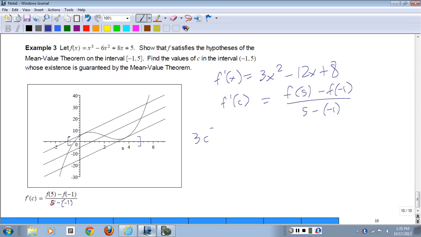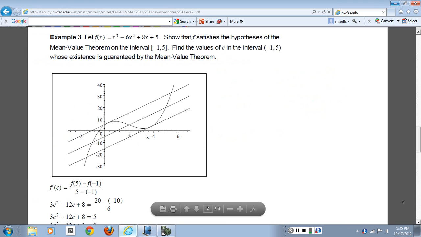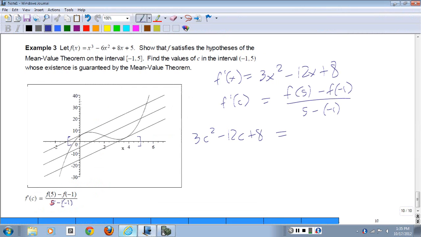So 3c squared minus 12c plus 8 equals... I wish I had captured f of 5. Let me check and I'll come back. F of 5 evidently is 20, and f of negative 1 looked like it was negative 10. So 20 minus negative 10 over 6.